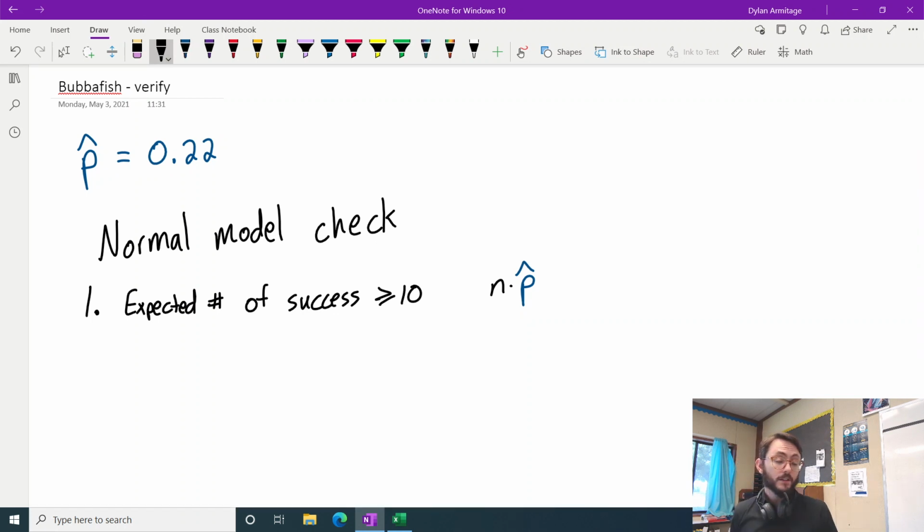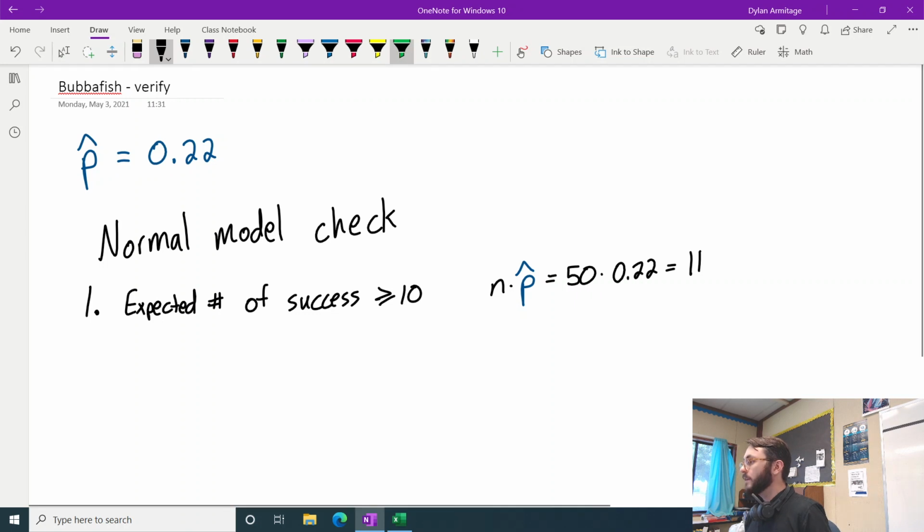So 50 times 0.22 would give us the original 11 that we had before. So that works out. Cool.